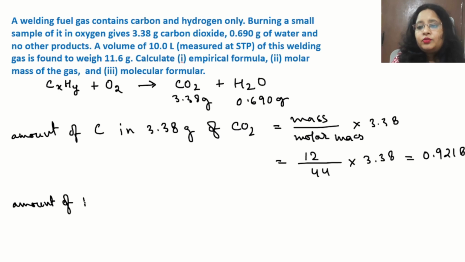In the same way, we will calculate the amount of hydrogen in 0.690 grams of H2O.